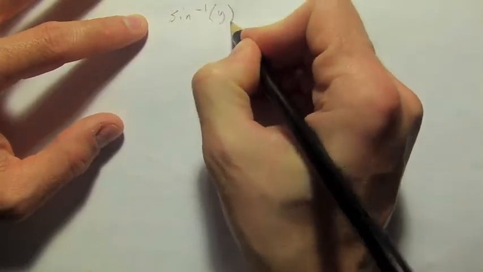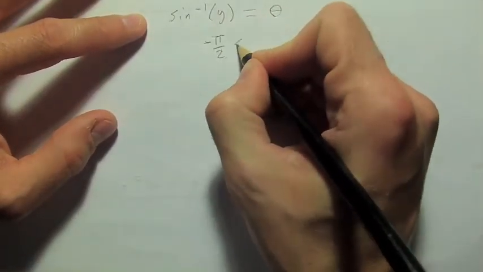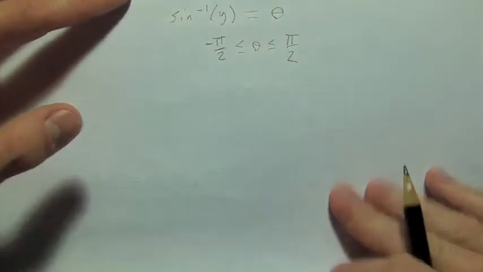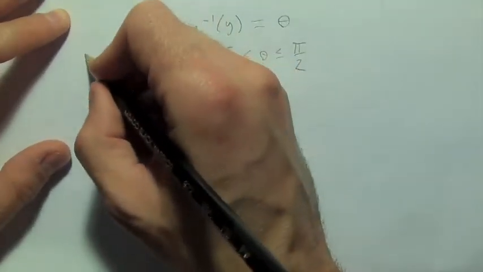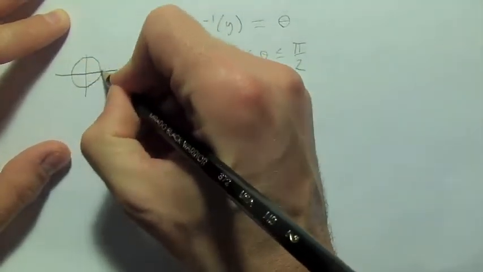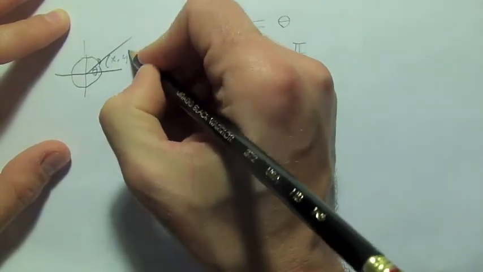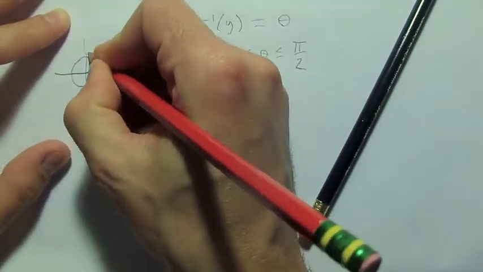We give it a y coordinate, it gives us an angle, and the angle is between negative pi over 2 and pi over 2. Okay. So here's the unit circle, here's theta, here's x, y, and it only gives us values between here.